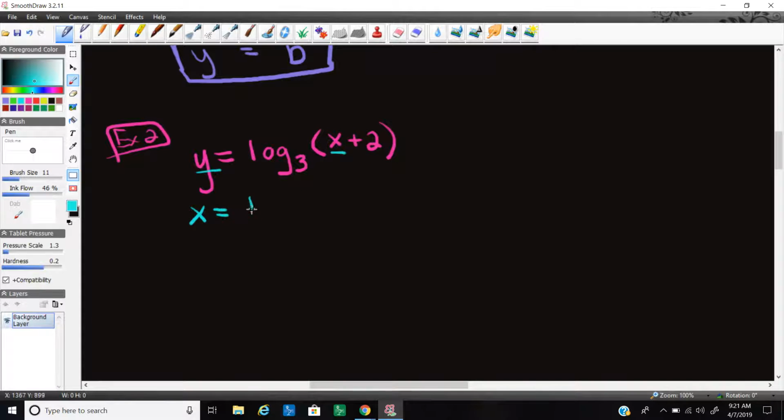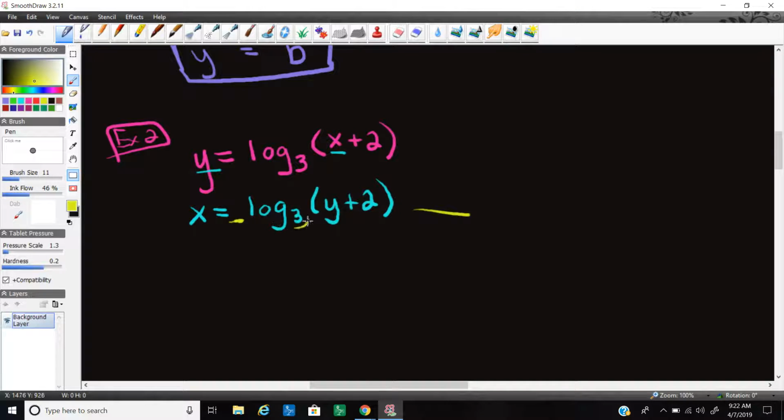So x is equal to log base 3 of y plus 2. And at this point, we want to solve for our y. So I'm going to try to get y by itself. Since I don't have anything over here or in the front of this or below this, I can start rewriting right away.